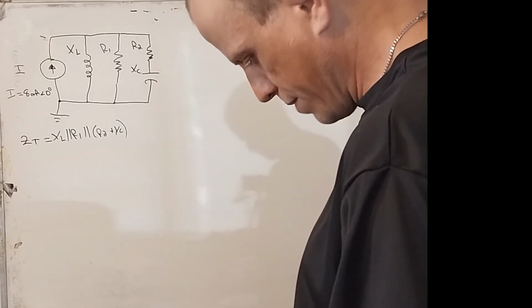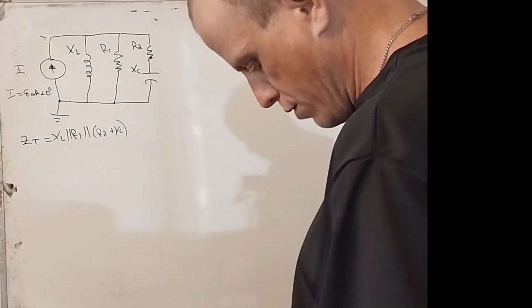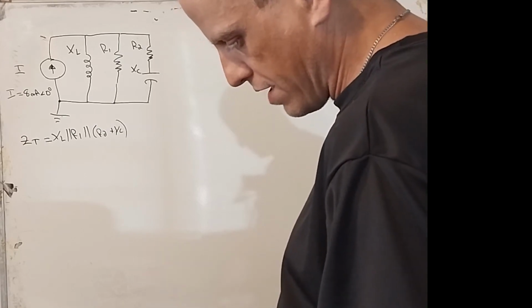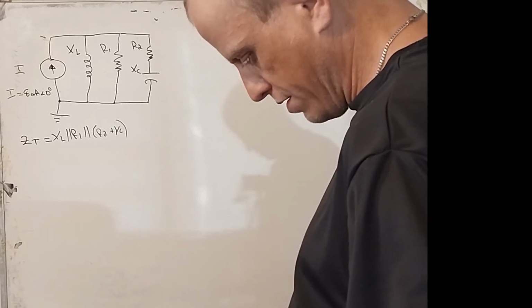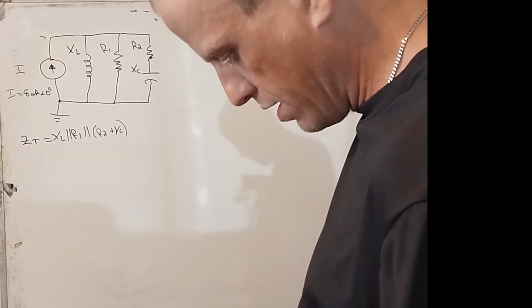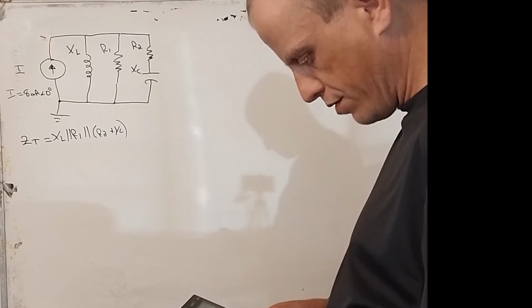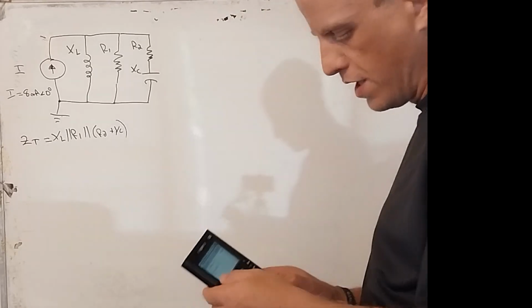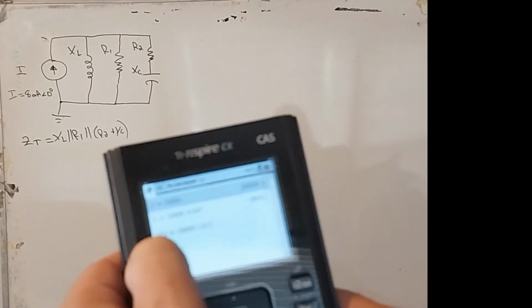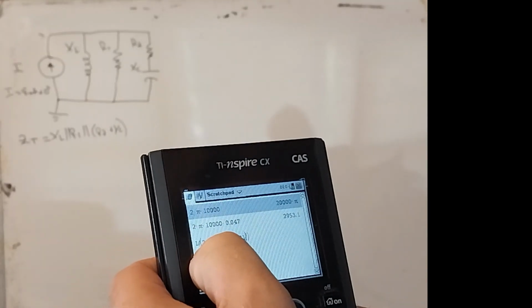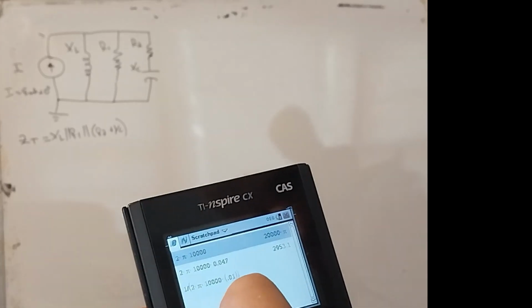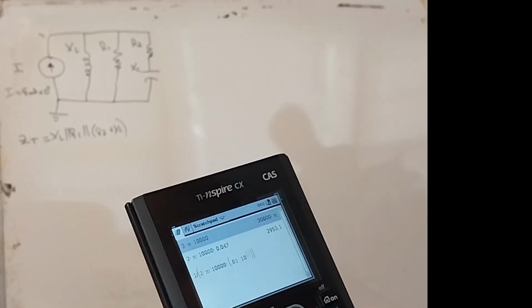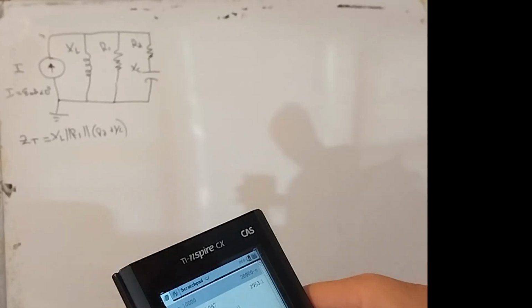And then we have the capacitive value, which is 1 divided by parentheses 2 times pi times 10,000 times parentheses 0.01 times 10 to the power of -6, because that -6 represents micro.